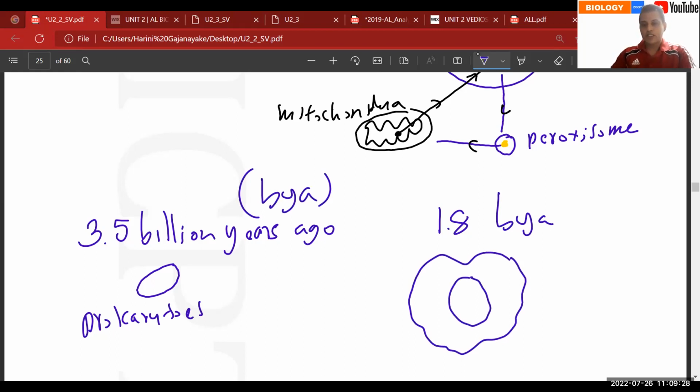So eukaryotic cells, as we learned, have an 80S ribosome. And this has a 70S ribosome. And it has its own DNA. And this DNA is here. That's basically the eukaryotic cells and prokaryotic cells.